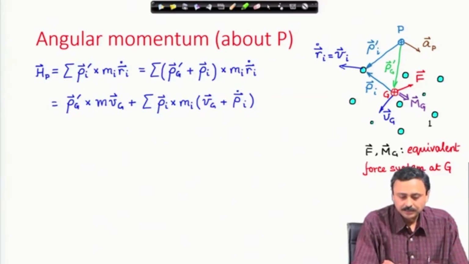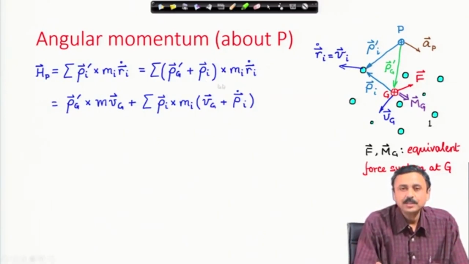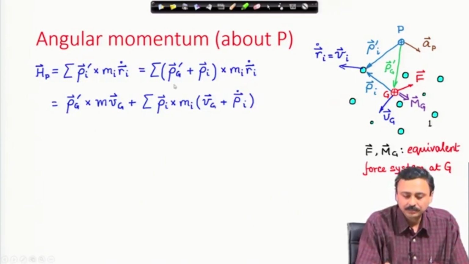Now, I open up this bracket, I simplify, I distribute this cross product over addition.